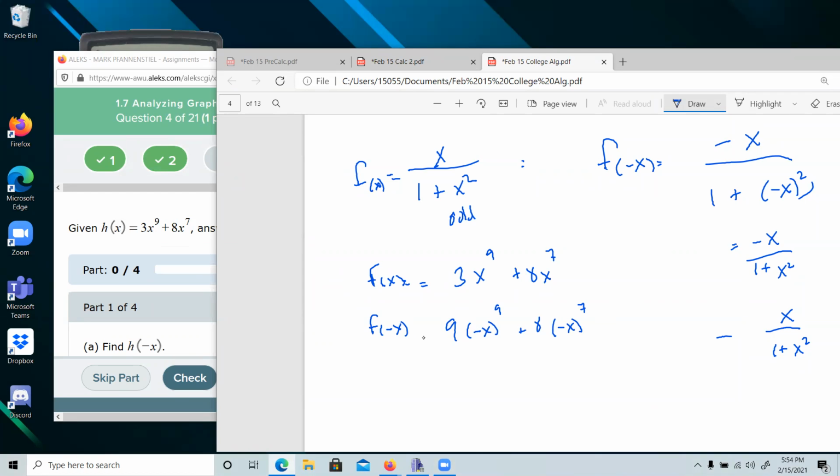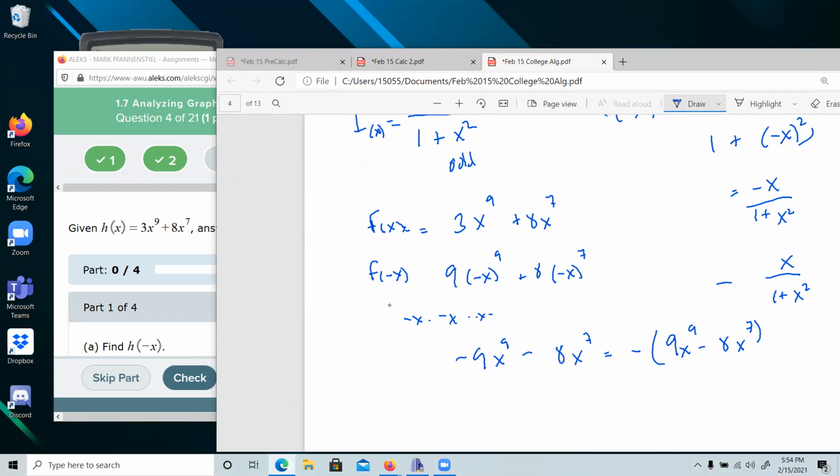Negative x to the 9th, we have one power left over, right? We have negative x times negative x times negative x. We're going to do this 9 times. It's an odd number of negative signs. This is going to be negative 9x to the 9th. Same thing here. We have an odd number of negative signs. We're going to have negative 8x to the 7th, which is equal to negative, parentheses, 9x to the 9th minus 8x to the 7th.